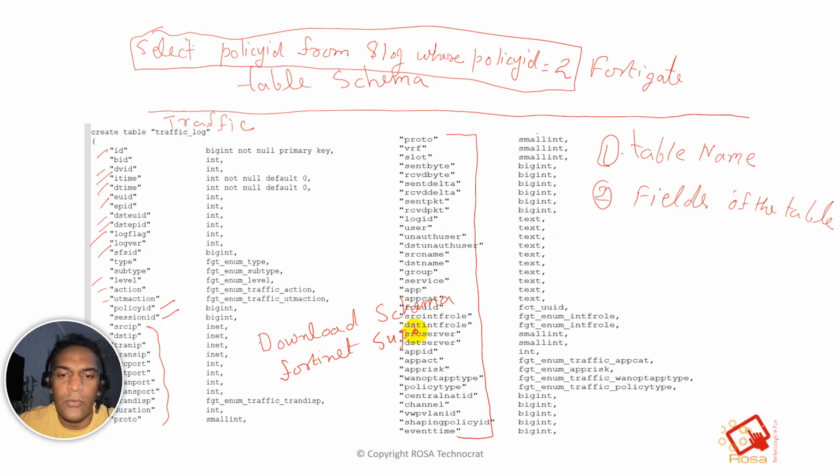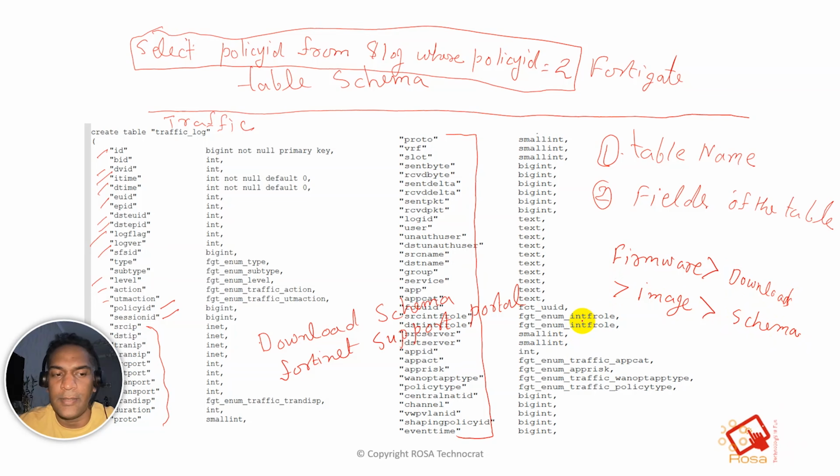So if you have a login to your support portal, then you have to go under firmware downloads, the same place where you download the firmware image. Under the same section, you will see schema.